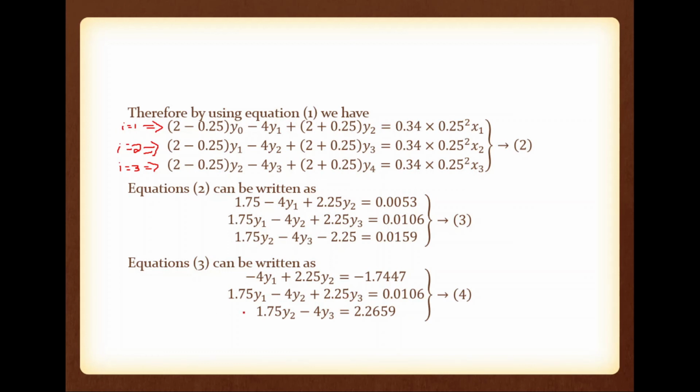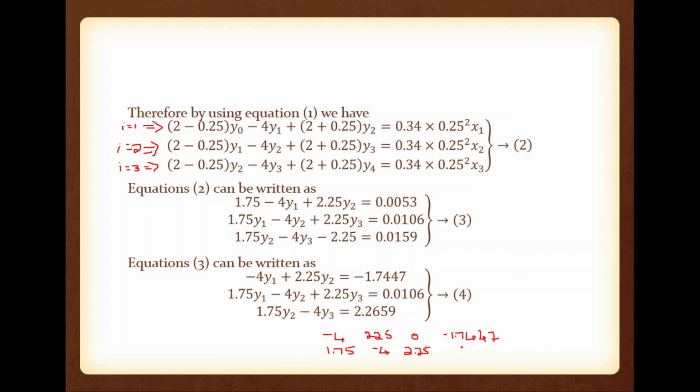What is the augmented matrix? Minus 4, then 2.25, y3 is absent, so 0. Now this constant minus 1.7447. So here it is 1.75, minus 4, 2.25.